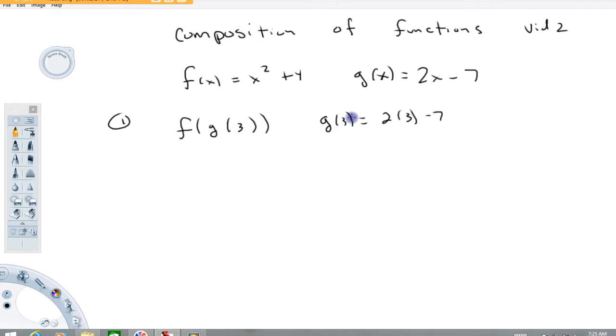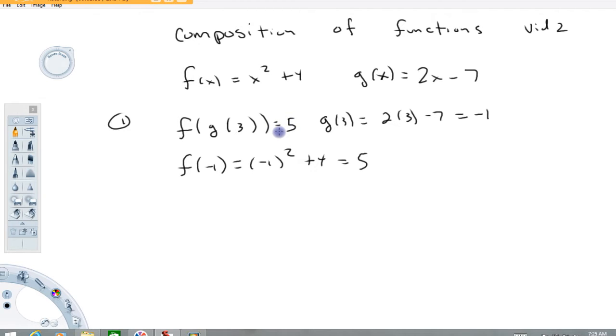I'm getting that by taking 3 and plugging it in here for x. 6 minus 7 is negative 1. So this is equal to f of minus 1, which is going to be, looking at my function f here, minus 1 squared plus 4. Negative 1 squared is 1, plus 4 is 5. So f of g of 3 is equal to 5.